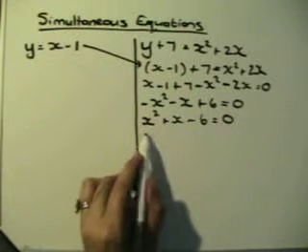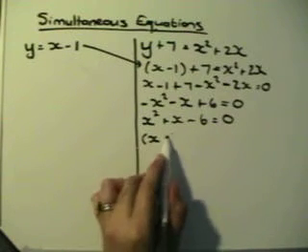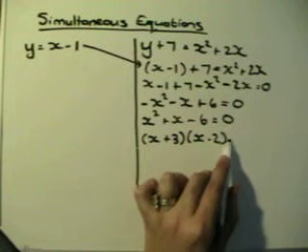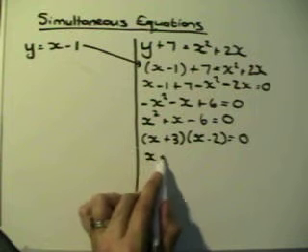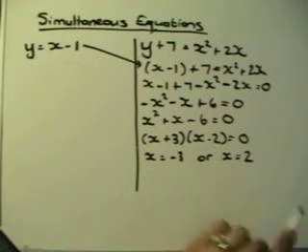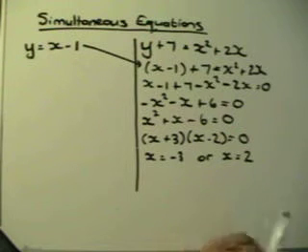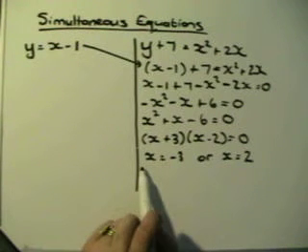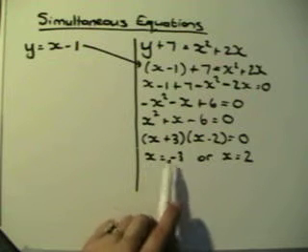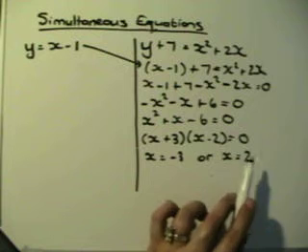And then I can factorize this. Hopefully you know very well how to factorize by this point. And then I find that x is minus 3 or x is 2. Right, now I actually have two brothers that are both Smith, and the one is Peter and the one is John.